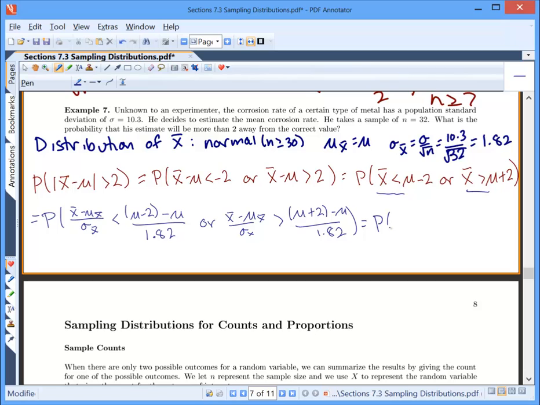Because I've standardized, these are now the probabilities of z's. So this is z is less than negative 1.10, or z is greater than 1.10. If I was to draw my picture, so here's my negative 1.10, here's my 1.10, I'm looking for the area in each tail.